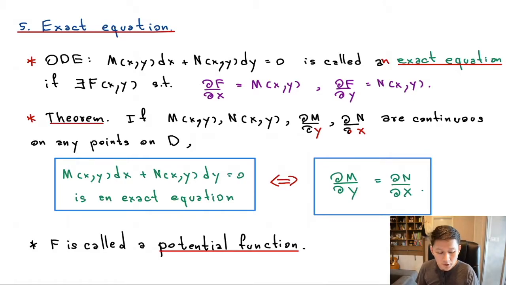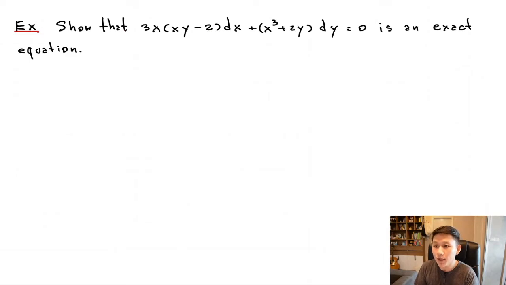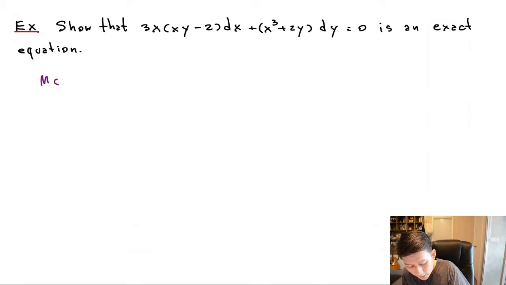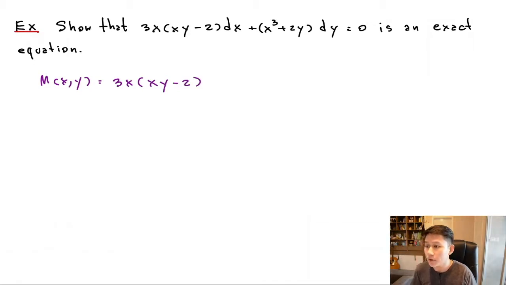Okay, so let's look at some examples. Let's look at this one. Show that this equation is an exact equation. So first we let M(x,y) be 3x squared y minus 2, right?